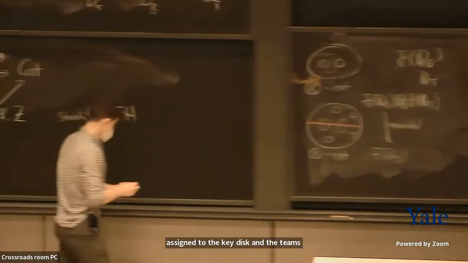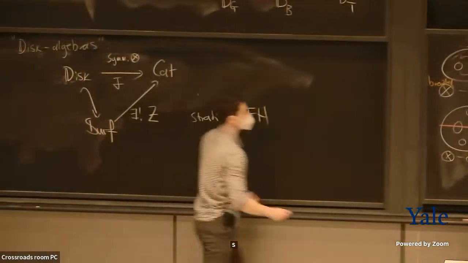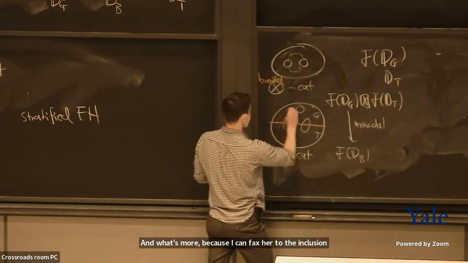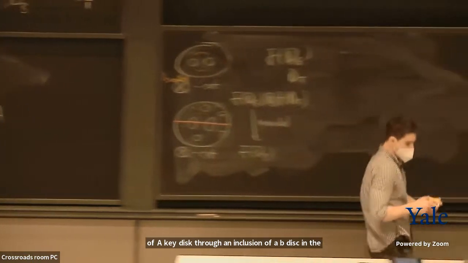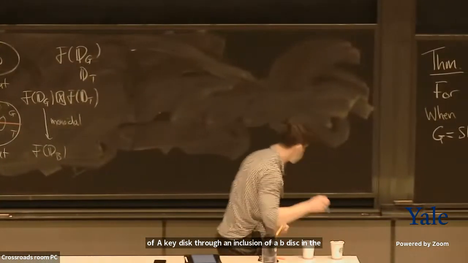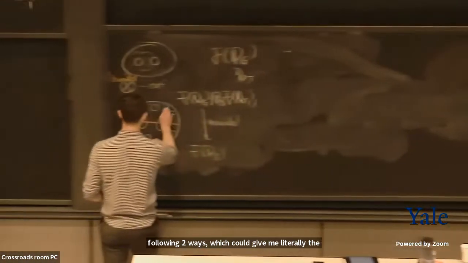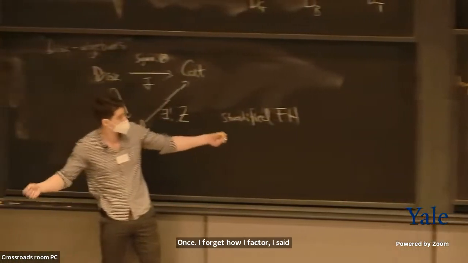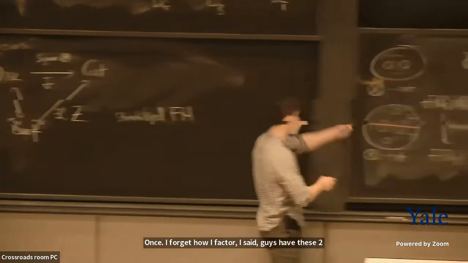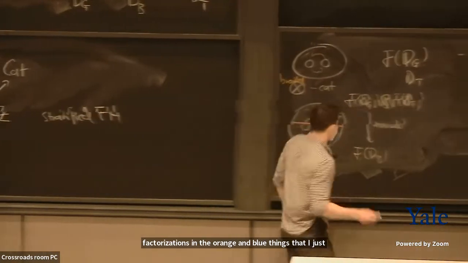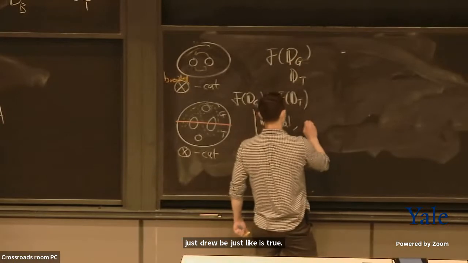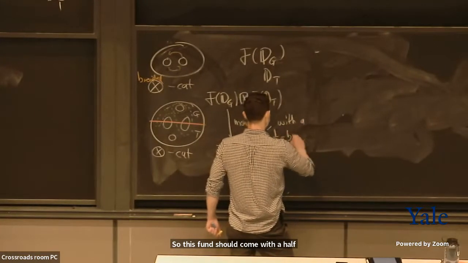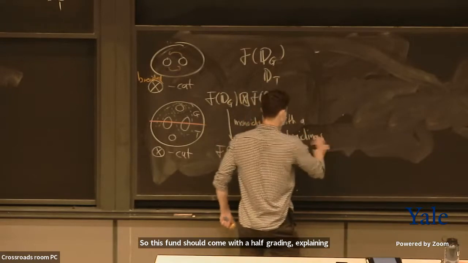And what's more, because I can factor the inclusion of a G disk through an inclusion of a B disk in the following two ways, which give me literally the same picture once I forget how I factored, I have these two factorizations given by the orange and the blue B disks that I just drew. And so this functor should come with a half braiding. I'll explain in formulas in a second exactly how that plays out.